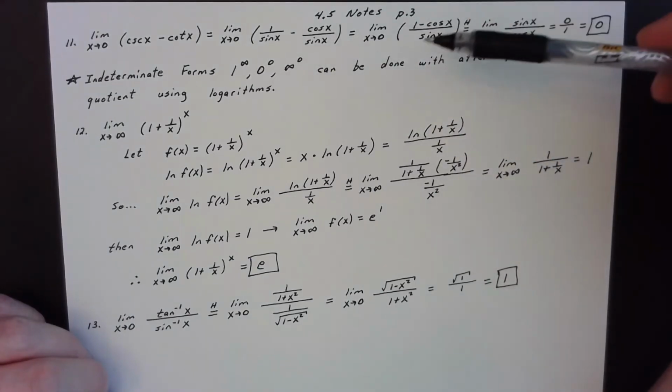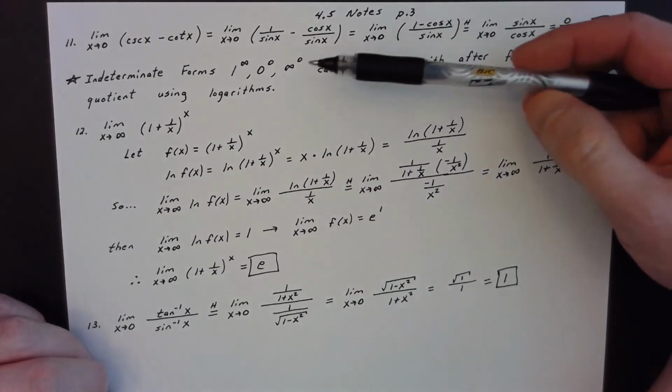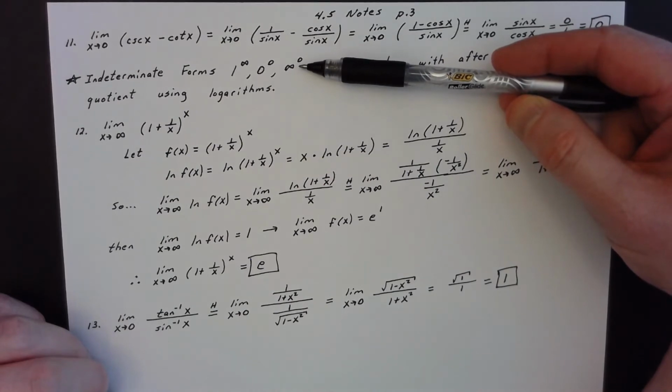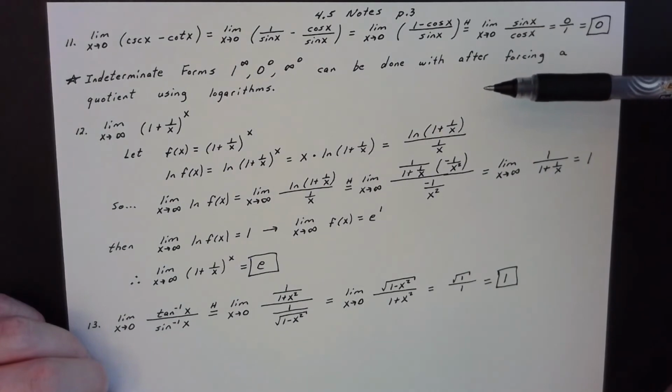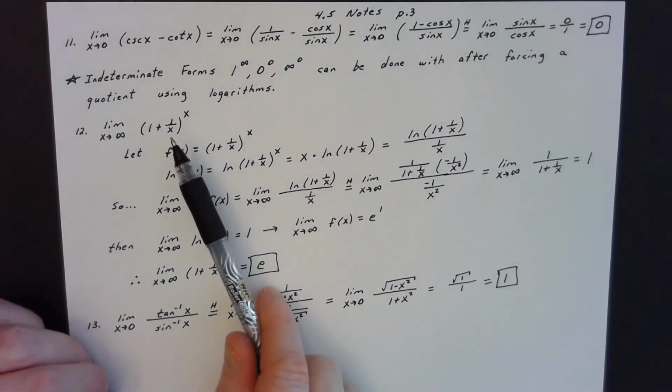So we have to think about what happens when we put inside of a limit and these two numbers are approaching those values. Now, the way that all of these are done is by using logarithms, because the initial problem is not going to be something that you can put into fractional form. So you're going to have to force the quotients by using logarithms. Let me show you what I mean by this example right here.